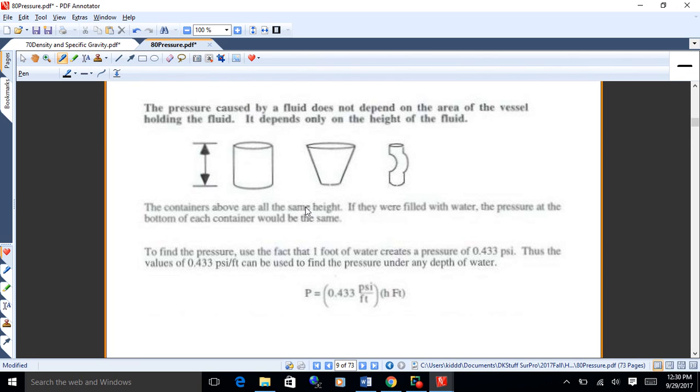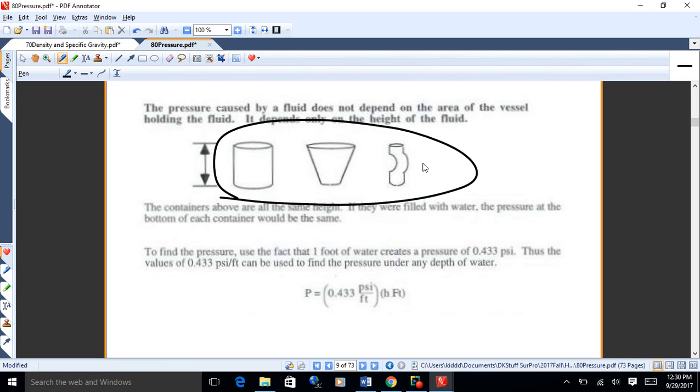My experience with this stuff is when people have trouble with it is when they make it too complicated. They try and make it more than that. So to find pressure underwater, regardless of the shape or size of the container, so it'd be the same for any of those containers, it would just be 0.433 times the depth. That's it. Okay.